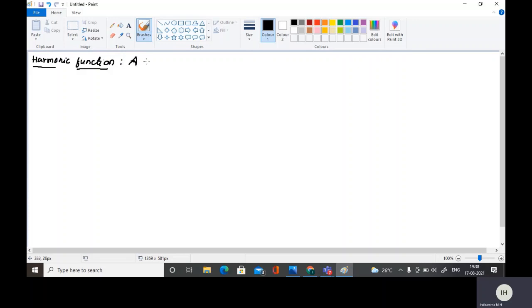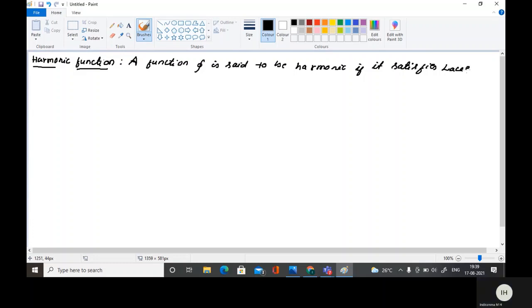A function phi is said to be harmonic if it satisfies the Laplace equation, simply denoted as Laplace square phi is equal to 0.